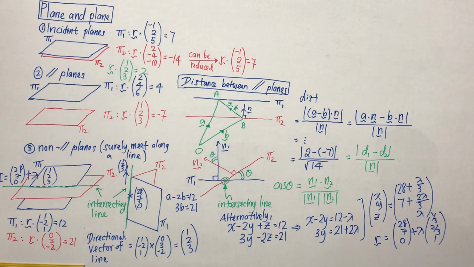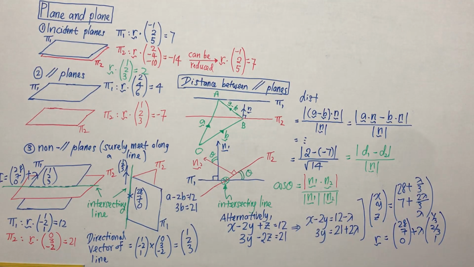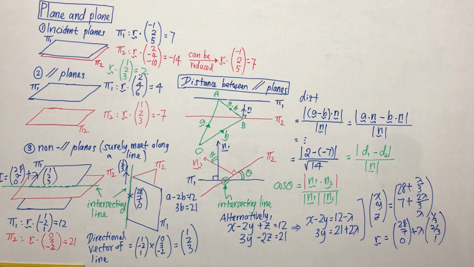In this scenario, you therefore want to put a modulus to take care of the possibility that n1 could point in the other direction. So by taking the modulus on the numerator, you are guaranteed to find the intended acute angle between two planes. This brings us to the end of our discussion on the relationship between two planes.